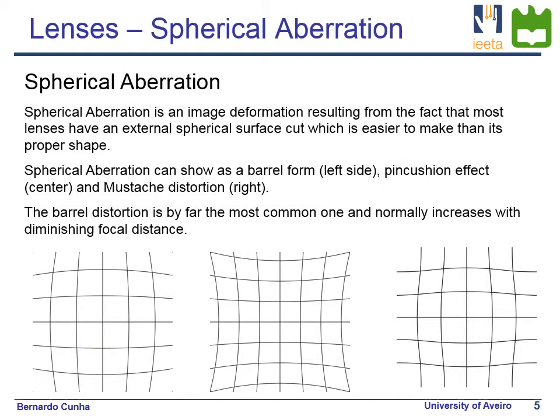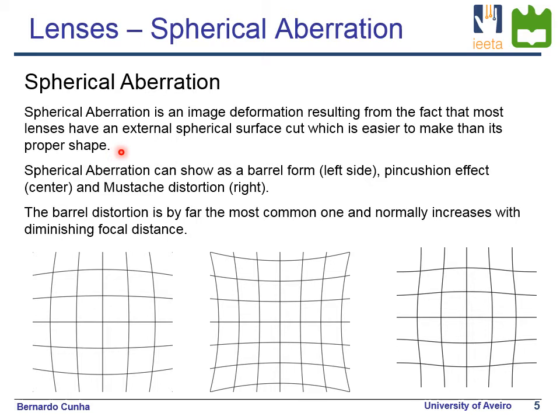And what happens in practice when we use a real acquisition system is that all lenses somehow introduce some form of deformation in the final image. We call this spherical aberration. And this comes from the fact that most lenses have an external spherical surface cut, which is easier to make than its proper shape.